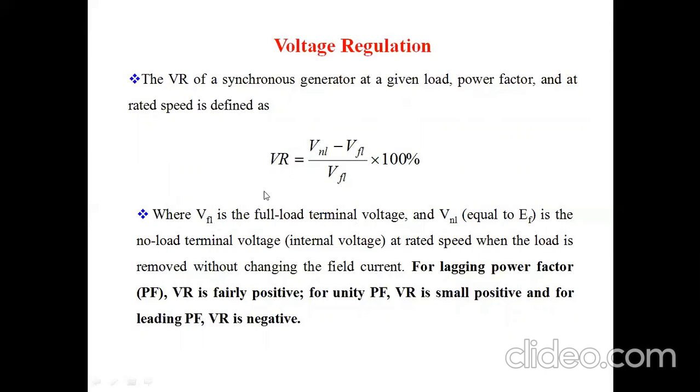It varies depending on the power factor. For lagging power factor, the voltage regulation is highly positive. For unity power factor, it is positive but small. For leading power factor, it moves to the negative condition.